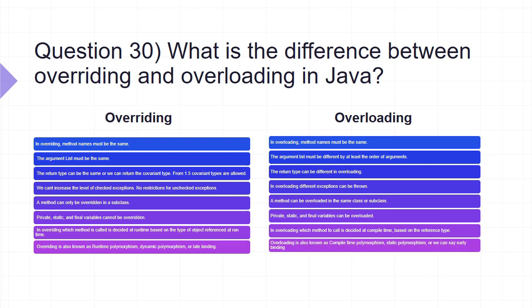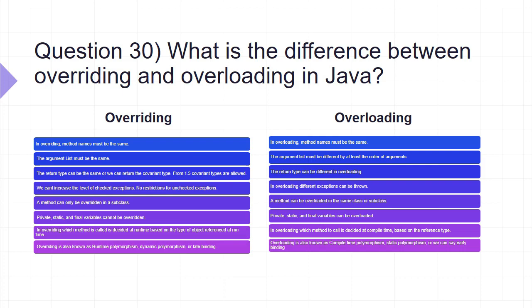A method can only be overridden in a subclass. A method can be overloaded in the same class or a subclass. Private, static, and final methods cannot be overridden. Private, static, and final methods can be overloaded. In overriding, which method is called is decided at runtime based on the type of object referenced at runtime.